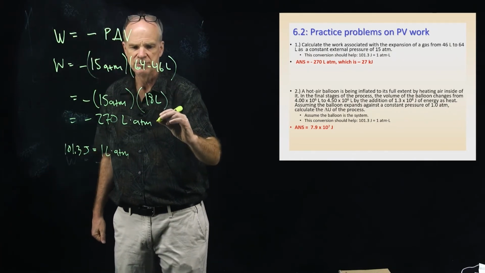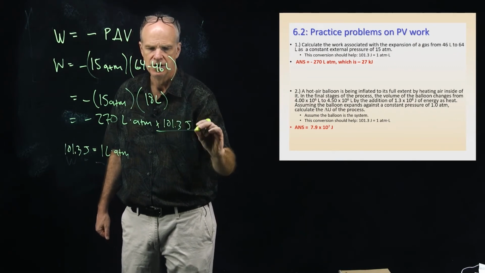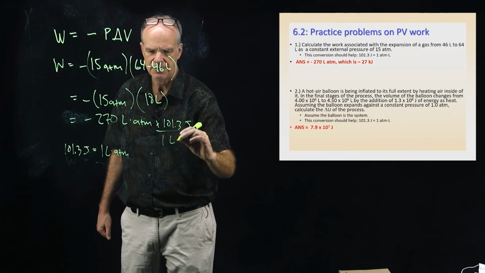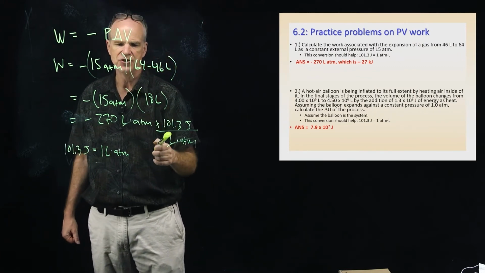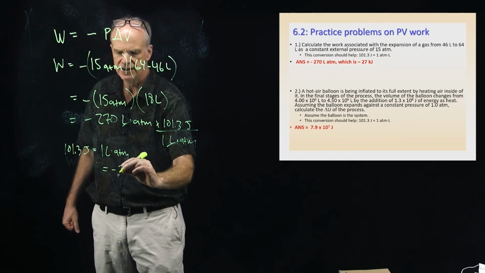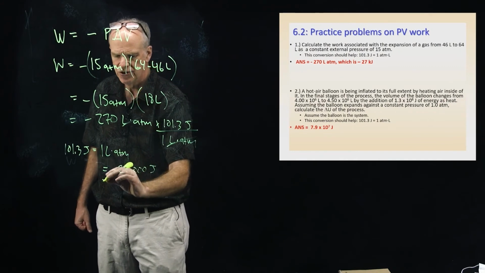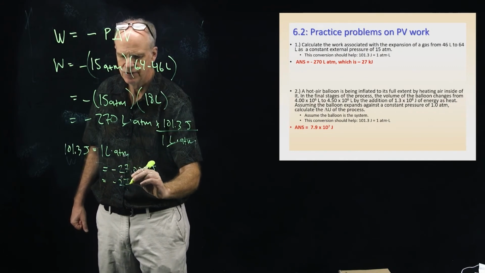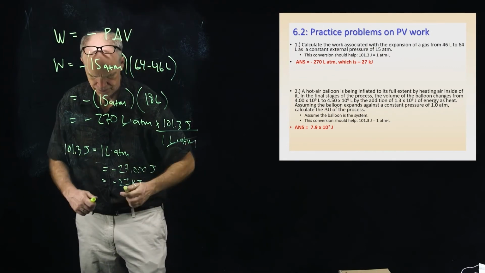So it's going to be times 101.3 joules over 1 liter atmosphere, and the liter atmospheres would cancel. If you do that math, I think what you would end up getting is negative 27,000 joules, which is negative 27 kilojoules. Okay, so let's do the next problem.